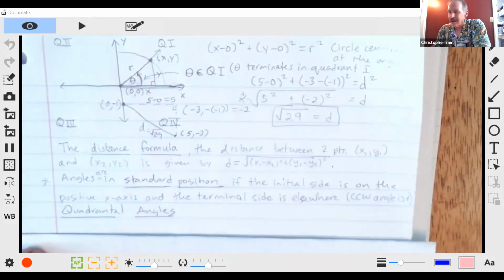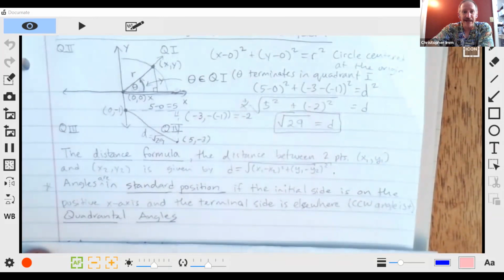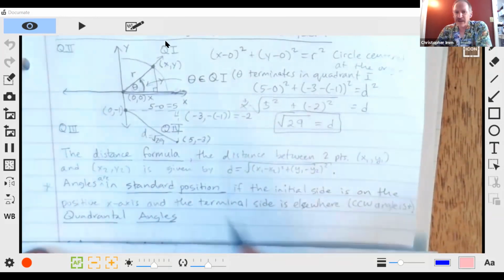Okay, but some angles don't terminate in any quadrant. They terminate on the axes. So we call these quadrantal angles that terminate on the axes.